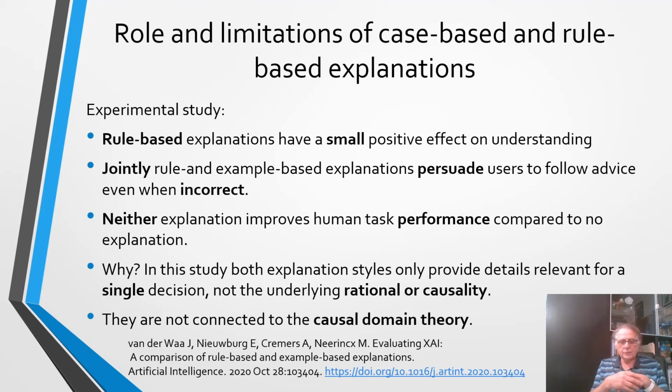So in other words, these particular rules did not link them with causal domain theory. And now, on the next slide, we will talk about how generic their conclusions could be and what is their role in explanations for the end users.